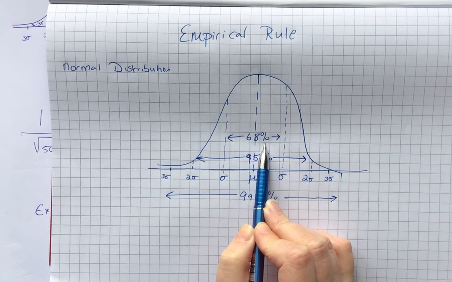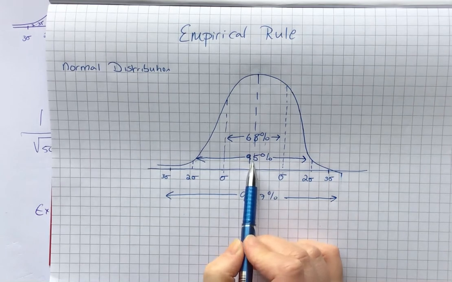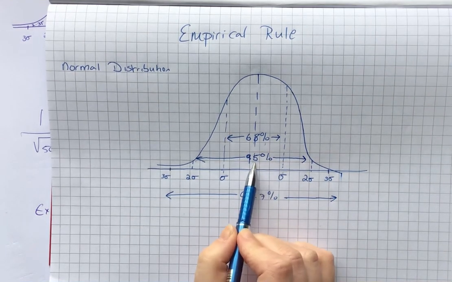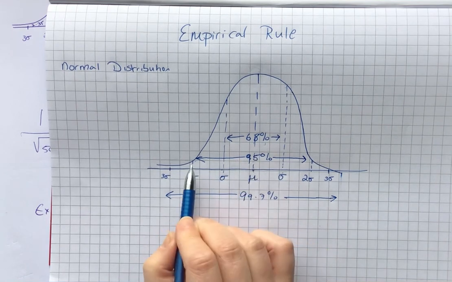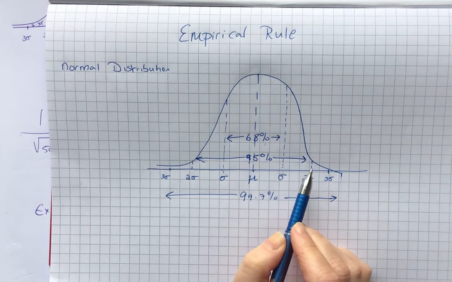So standard deviation is how different something is from the mean, and you calculate that. I would have shown you how to calculate that on your calculator before the Easter holidays. We've further found that 95% of all data will lie within plus and minus 2 standard deviations of the mean.